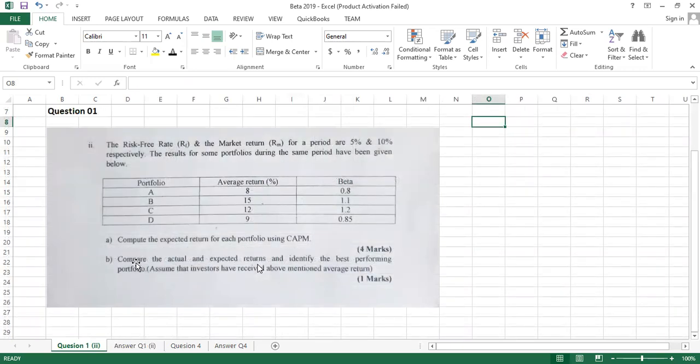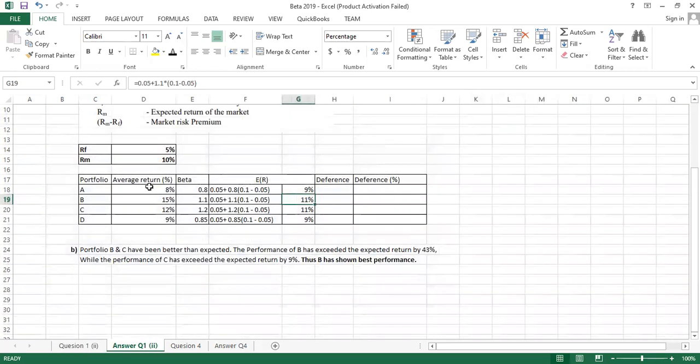Compare the actual and expected return and identify the best performing portfolio. Assume that the investor has received the above mentioned average return. That means the average return is the actual return.